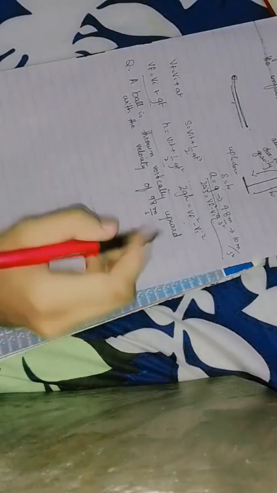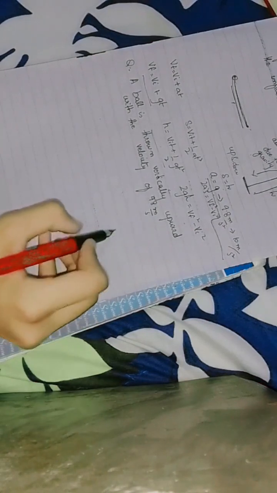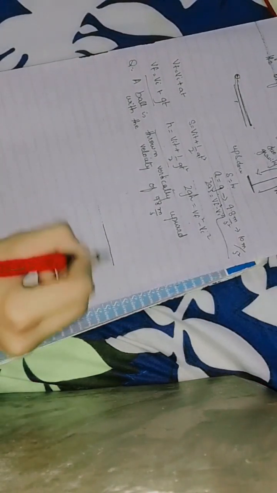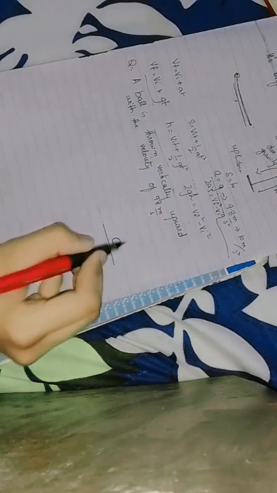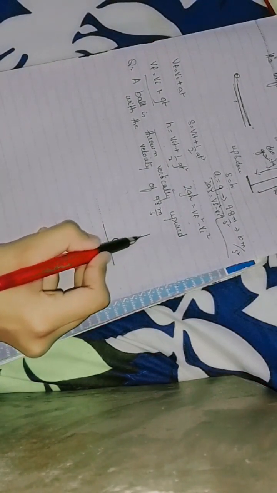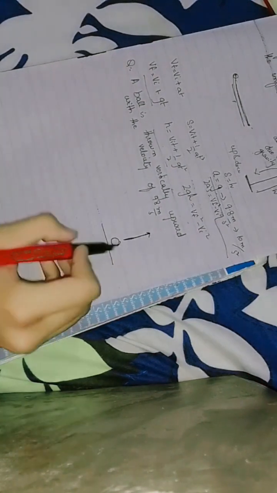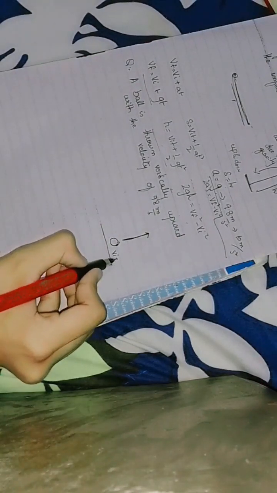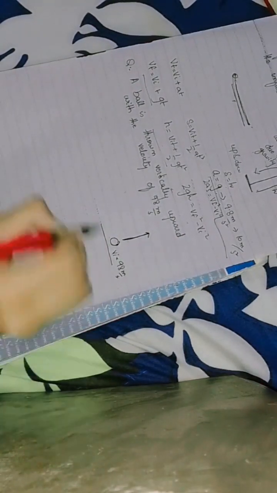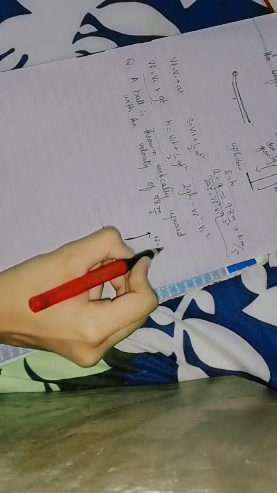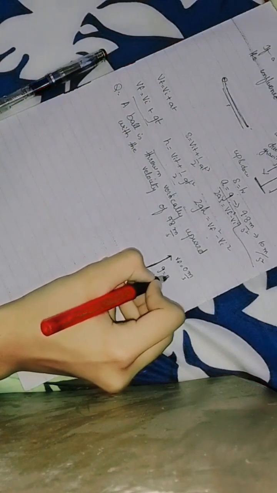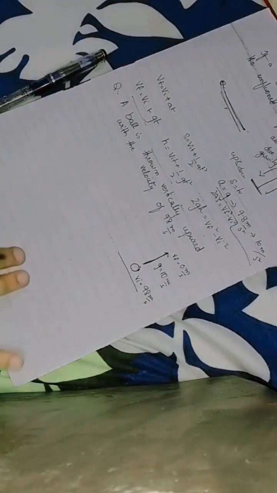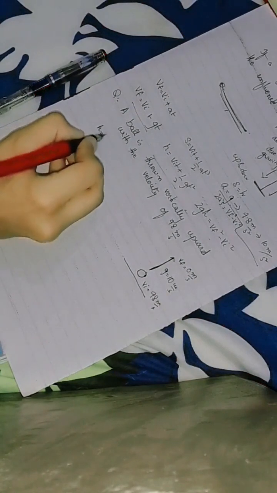They are saying that a ball is on the ground and is thrown vertically upward. The initial velocity is 98 meter per second, and the final velocity will be 0 meter per second. We take gravity as 10 meter per second square. Now we have to find height.